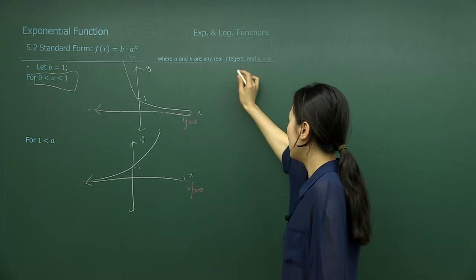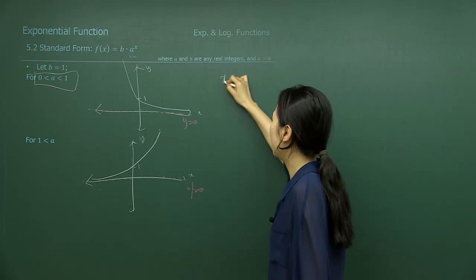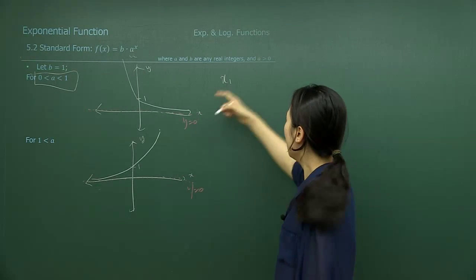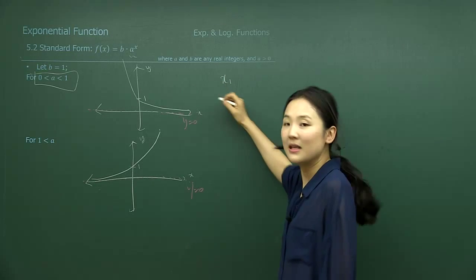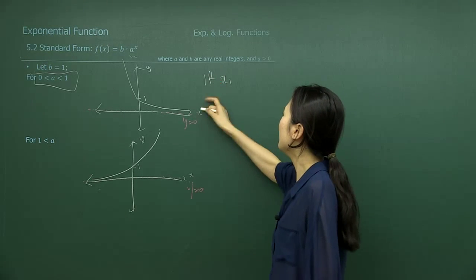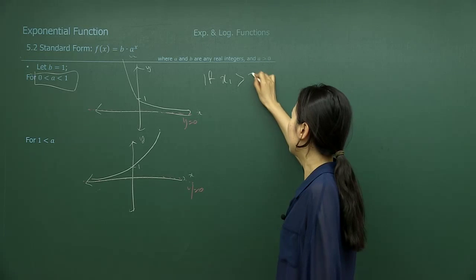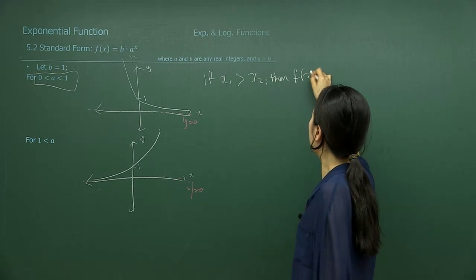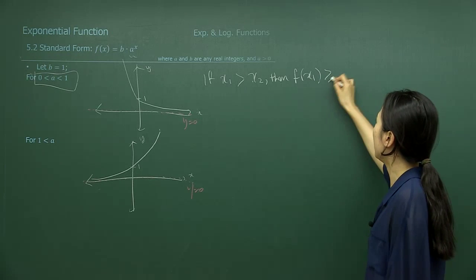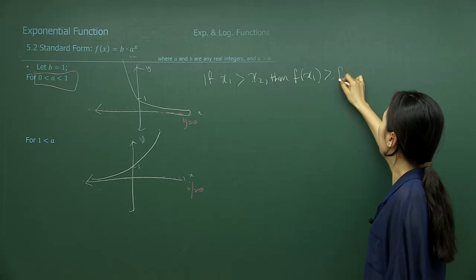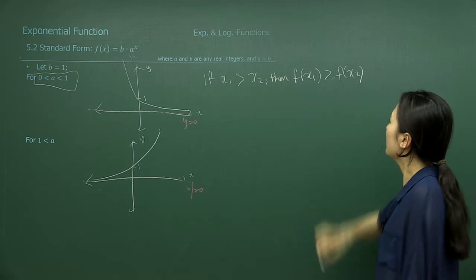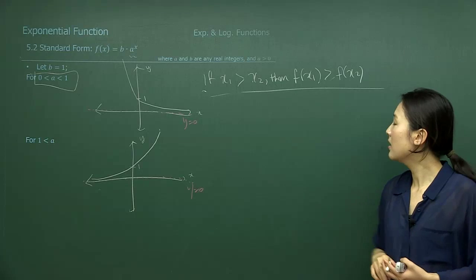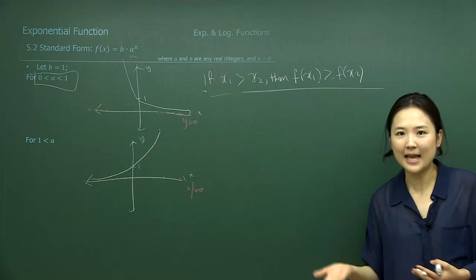Like this is kind of commonly used for SAT subject test, I think. Well, if you see a sentence that says, if x1 is greater than x2, then f of x1 is greater than f of x2. If you see a sentence like this, what do you think this is actually saying?